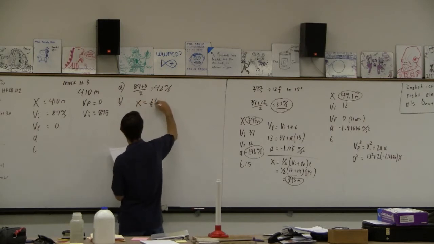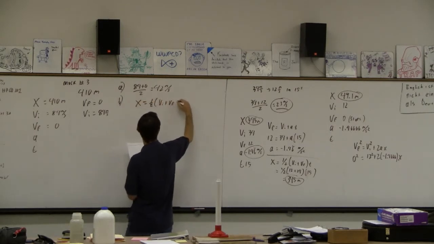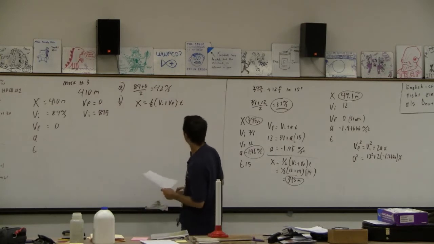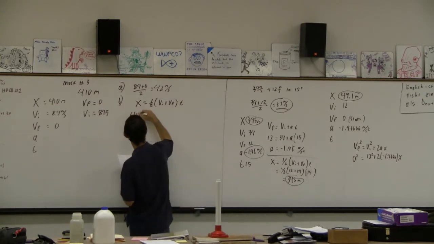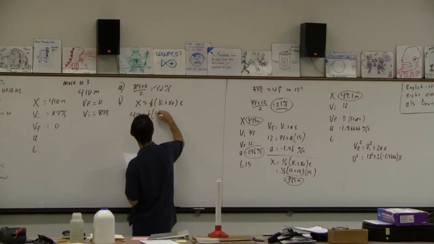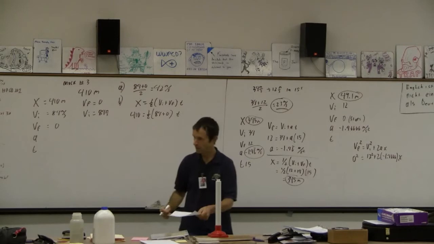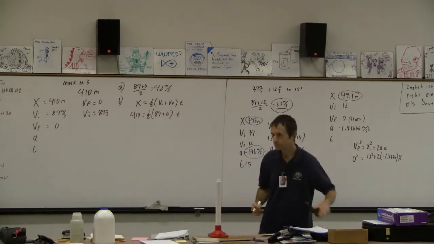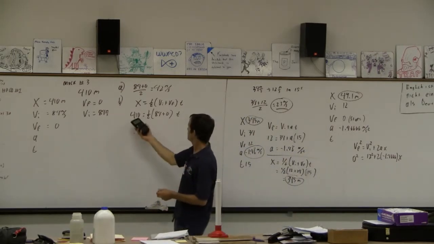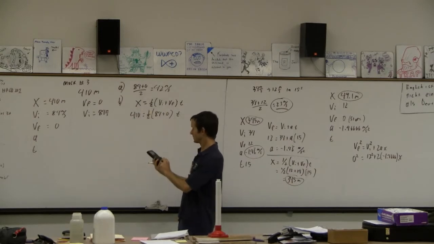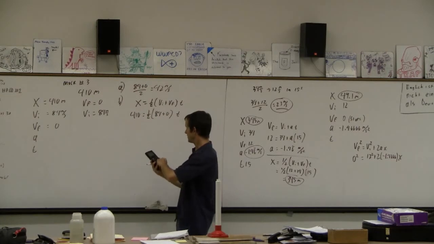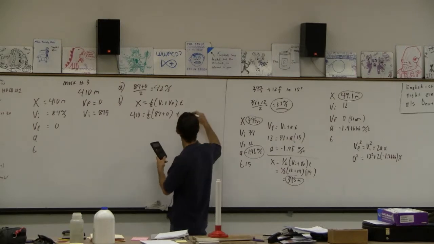X is 1/2 (VI plus VF) times T. Right, so 410 is 1/2 (84 plus 0) times T. So that's really just going to be 410 divided by 42. 410 times 2 divided by 84 is 9.76.